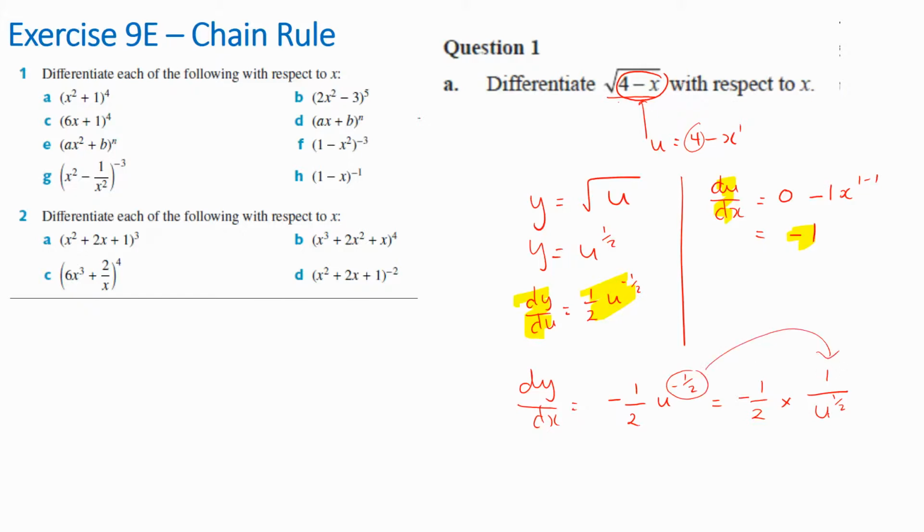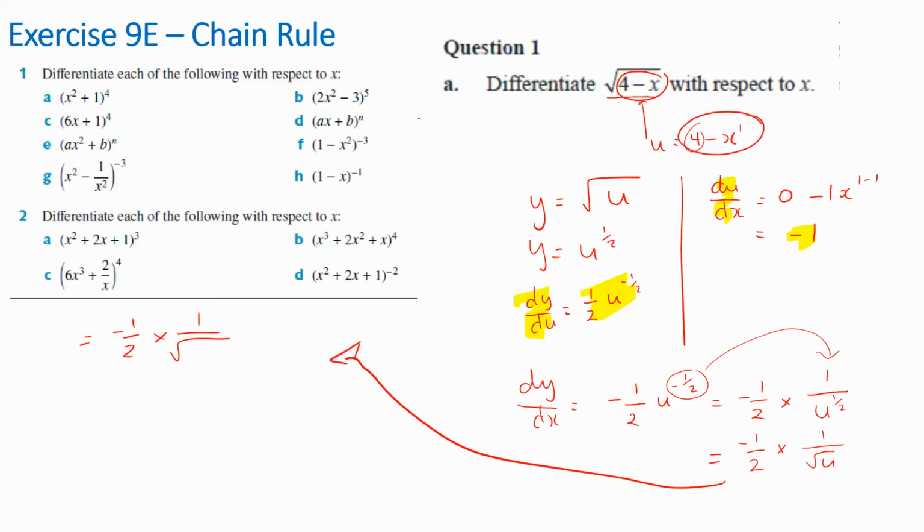I write it as 1 over u to the power of the positive half. Why did I write it like that? Because this now becomes negative 1 over 2 times 1 over, and power of half is the same thing as root of u, which makes it now equal to negative 1 on 2 times 1 over square root, what was u again?